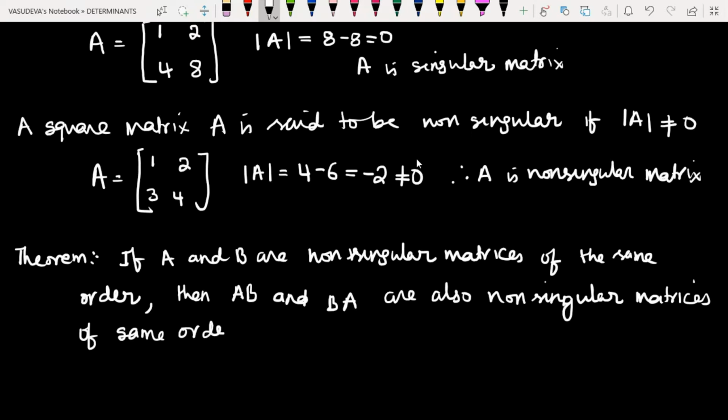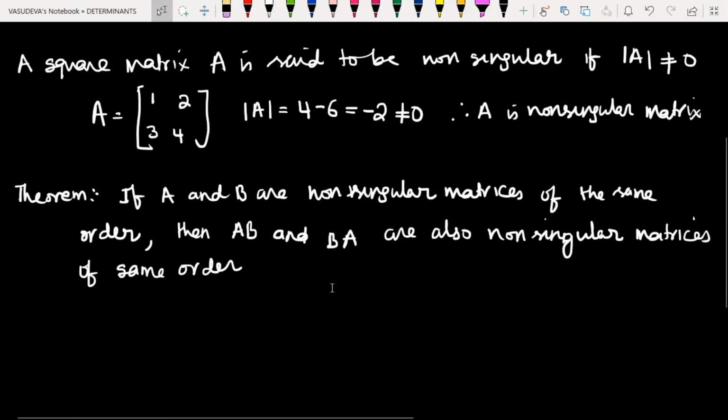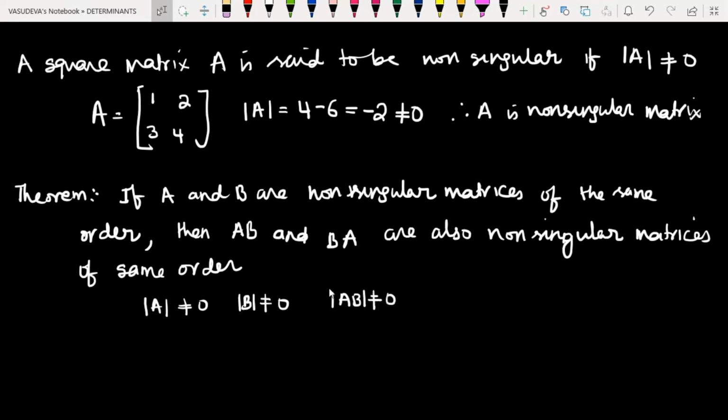Without proof I am giving this. When A is non-singular, determinant of A is not equal to 0. Similarly, when B is non-singular, determinant of B is not equal to 0. Therefore, determinant of AB is also not equal to 0, and determinant of BA is not equal to 0. That is the statement of the theorem.